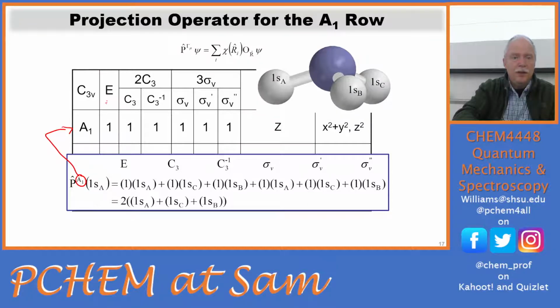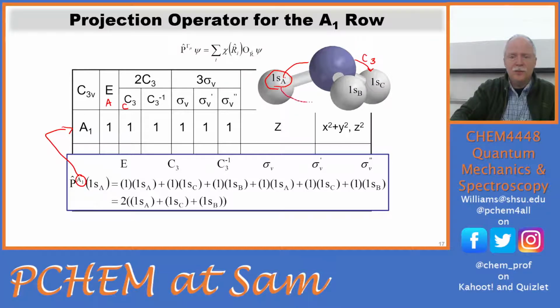I'm going to write my letters up here. So if I do an E on 1SA, look here, this is atom A, I do an E. E doesn't ever change anything, so that's still A. If I do a C3, we're going to call this a rotation back here. So the C3 brings it over to atom C. And so this first C3 is giving us a C.